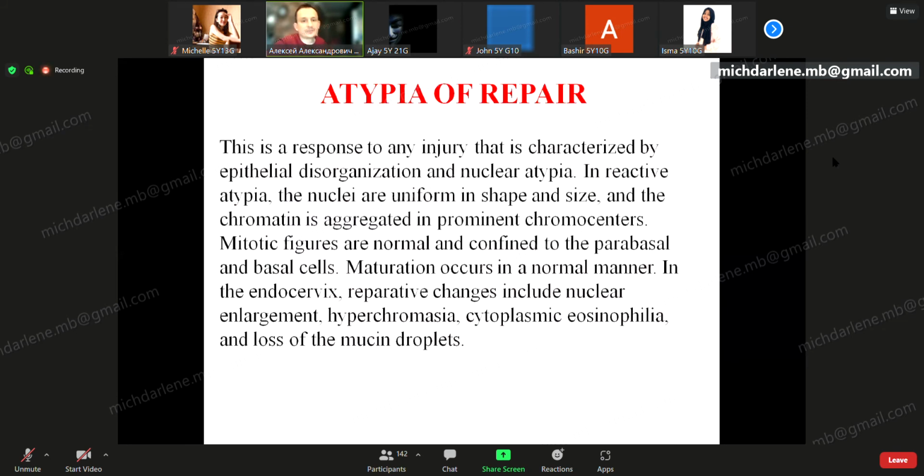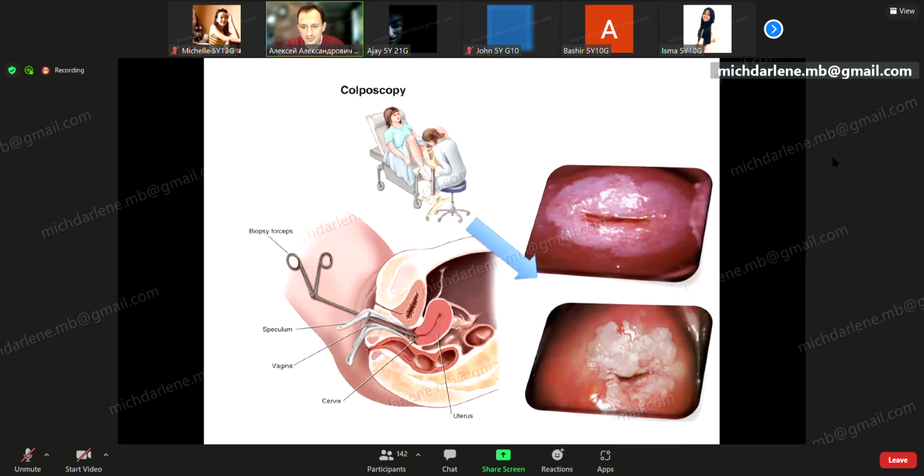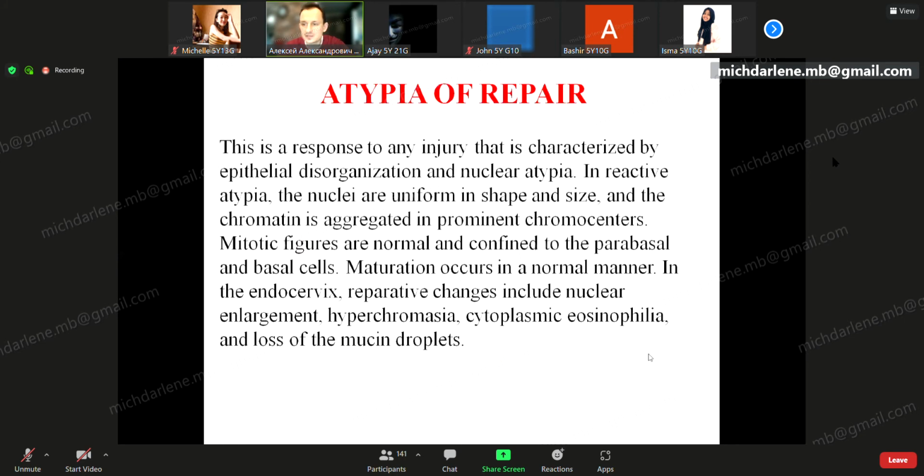Next story, atypia. Well, take a look. It's a dangerous story. What you see at this picture is color, which you can find with help of our colposcopy. And that atypia means that inside the nucleus, we have atypical genetic material.